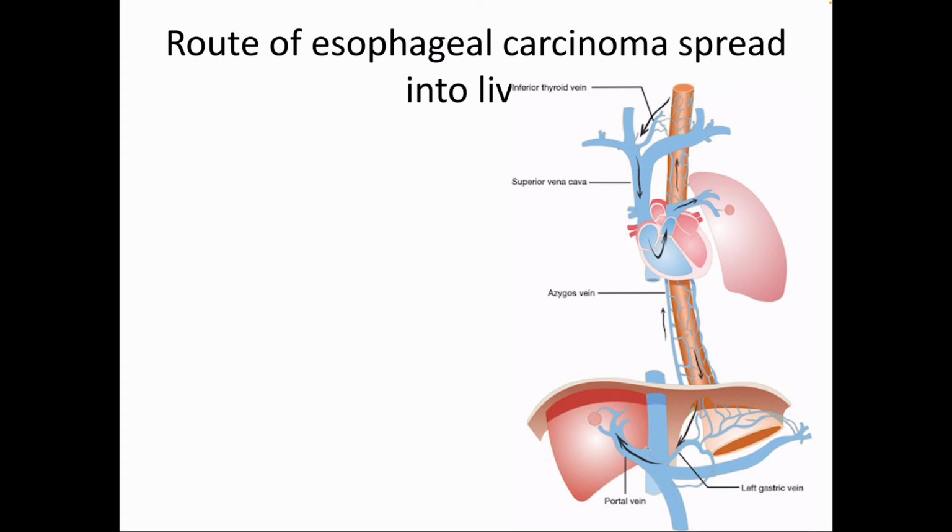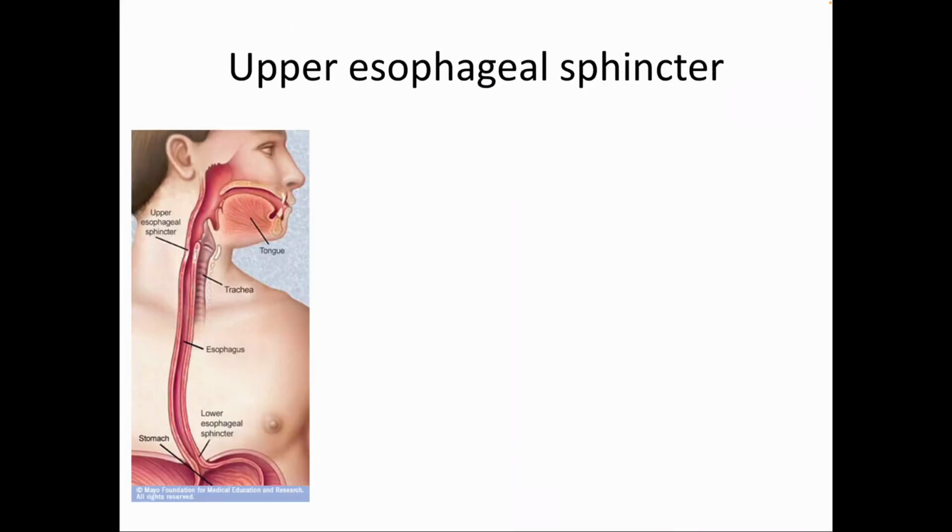So here this is the left gastric vein which is draining into the portal vein. So in the case of esophageal cancer, if there is a cancer here, then this cancer can lodge itself and form a metastasis in the liver. So this is the importance of knowing the left gastric vein or segmental blood supply of the esophagus.